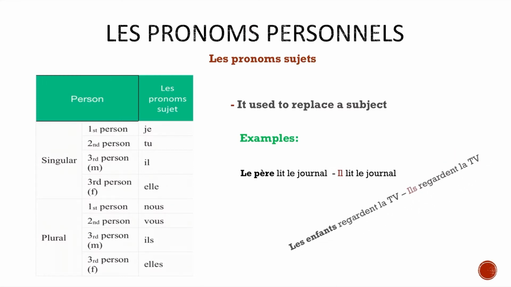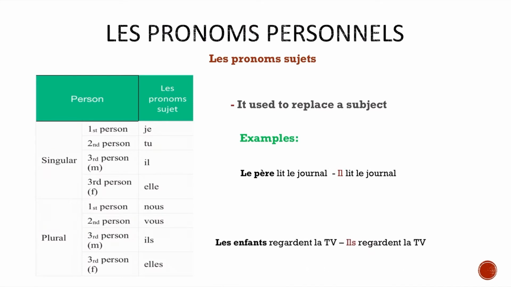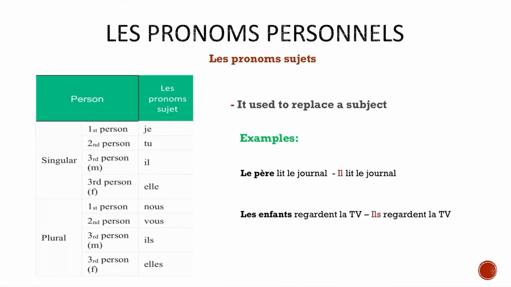Second example is les enfants regardent la TV, means children watch TV. Here, les enfants is the subject. It's a plural masculine noun, that's why we can change it to ils with S. Ils regardent la TV.